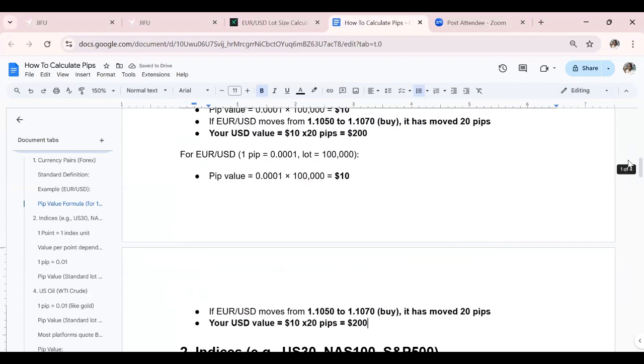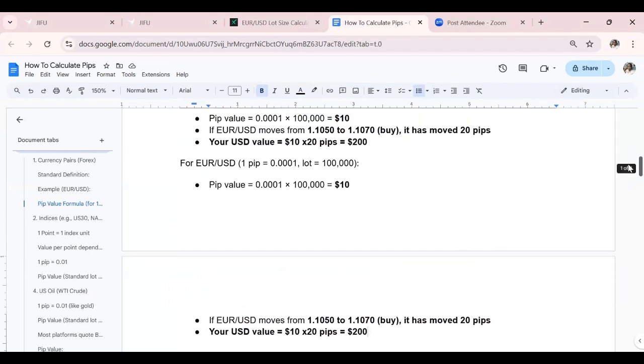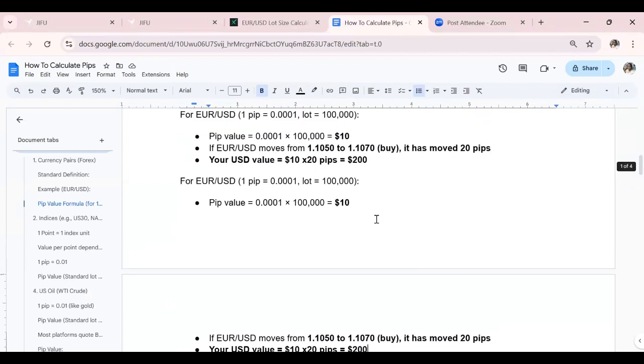No, I said 1 pip is equivalent to $1, so 20 pips is equivalent to $20. For the third one, 1 pip is equivalent to $0.1 and 20 pips is equivalent to $2. That's for micro.